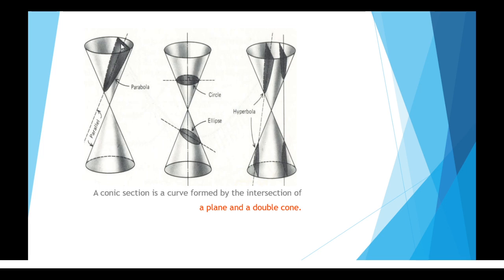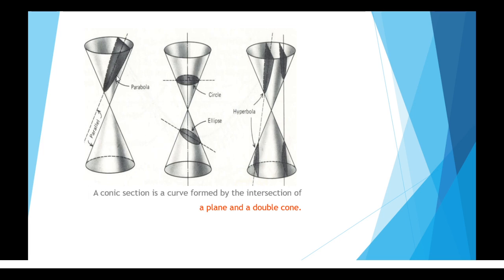Now look very carefully, one by one. These are nothing but the double cone. But what have I done? I have taken the plane and intersected the cone at different positions.